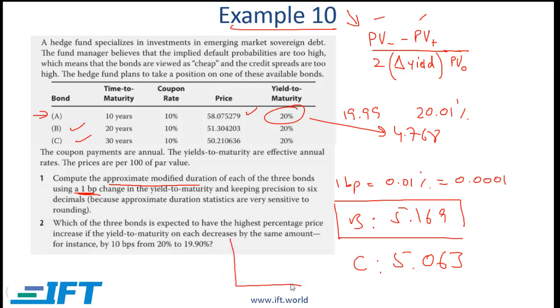This illustrates the fact that with a discount bond, we could actually have a shape like this, where duration is on the y-axis, time to maturity is on the x-axis. This example demonstrates the fact that a 20-year discount bond could have a higher duration than a 30-year bond. And hopefully it is obvious that all these are discount bonds because the coupon rate is much lower than the YTM.